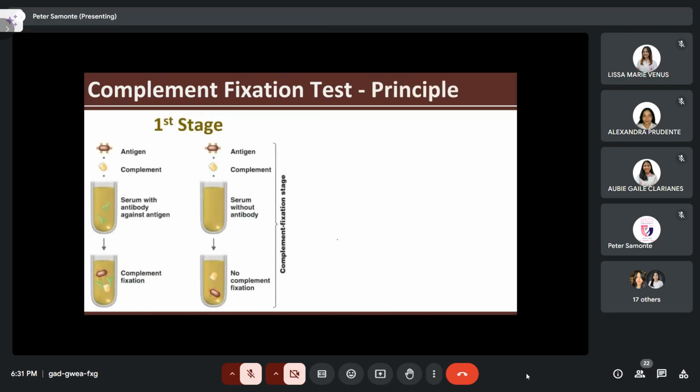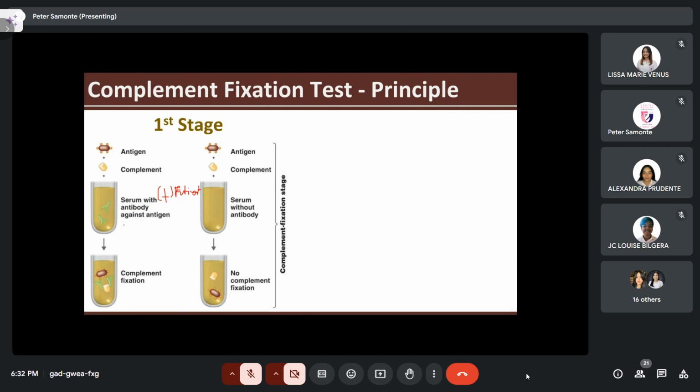So this is the first stage, class. So you have here your antigen plus your complement. You would use, let's say, your serum that would contain antibody against an antigen, meaning, class, yung patient is positive. Now, you would add your antigen plus your complement. Since positive yung patient sa antigen, you would find that the serum would contain antibodies.